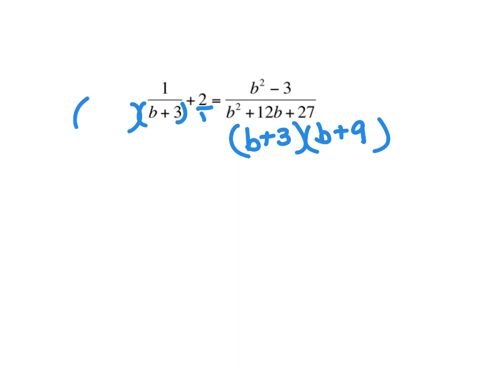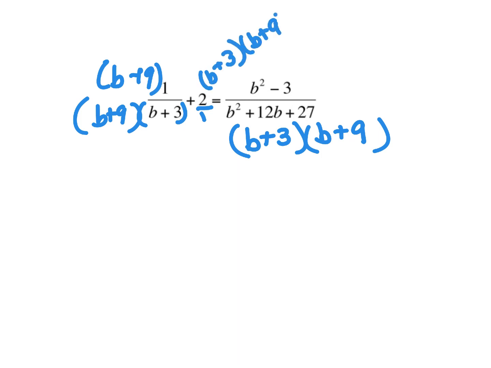So our first fraction needs the b plus 9, numerator and denominator. The middle fraction needs both parts. It needs the b plus 3 and the b plus 9. And also it needs it on the denominator, b plus 3 and b plus 9. And then the fraction on the right-hand side has both pieces.